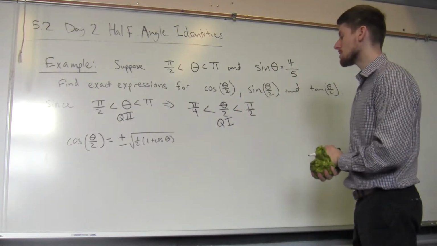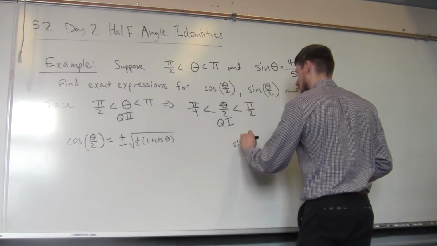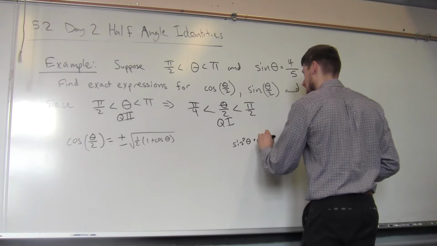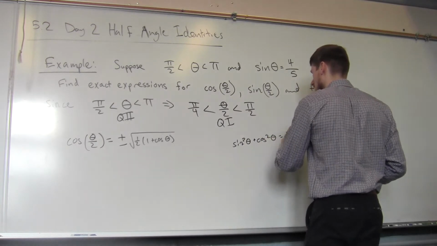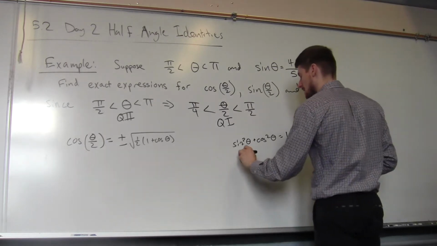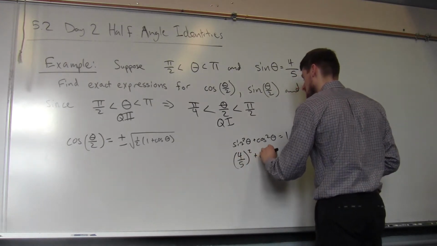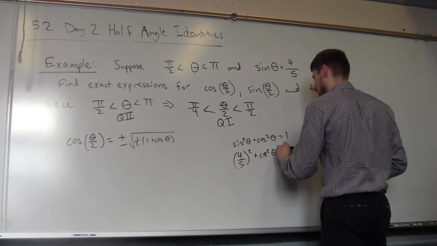Because sine squared theta plus cosine squared theta equals 1, and sine theta is 4 over 5, 4/5 squared plus cosine squared equals 1.